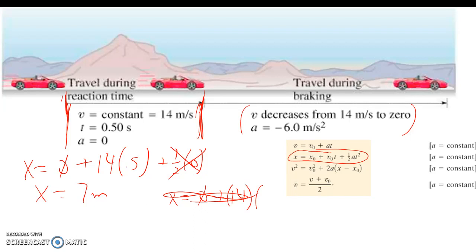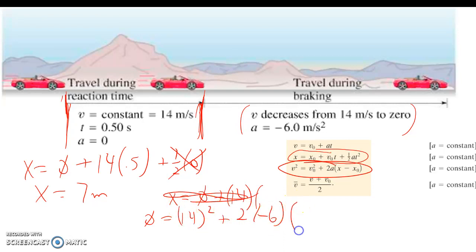So we have to think about an equation that doesn't have time. So we go here. V squared, which is our final velocity, which will be 0, is equal to 14 squared plus 2 times negative 6 times x. And we want to solve this for x, and when we solve for x, we get 16 meters.